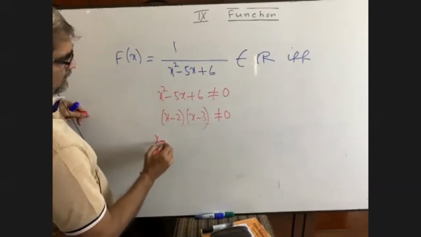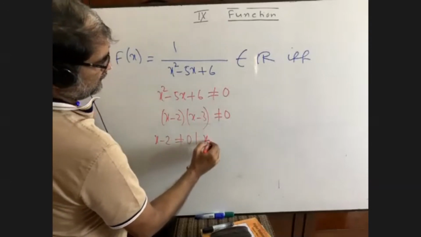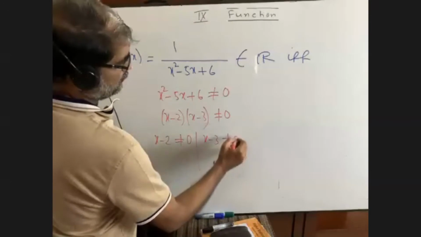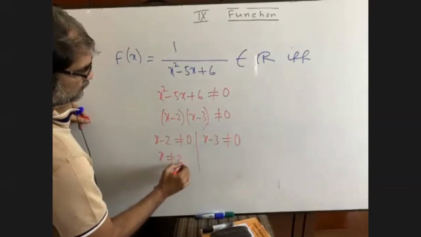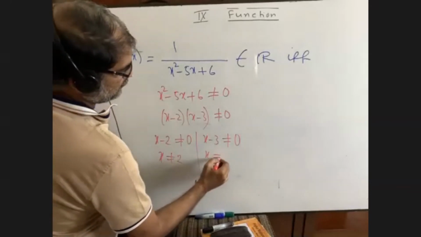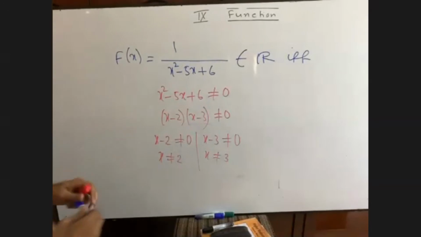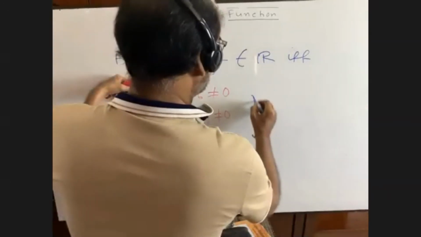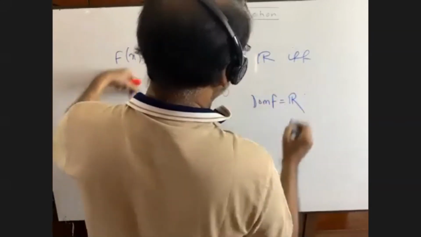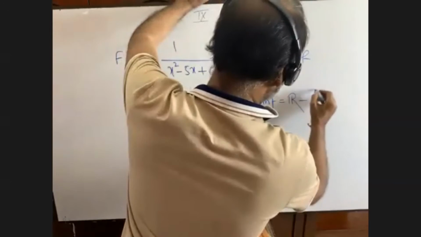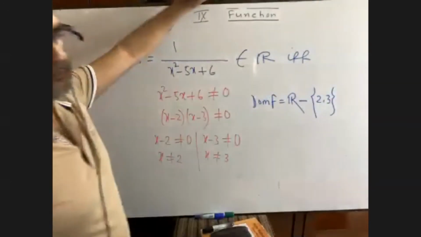That means x minus 2 is not equal to 0 and x minus 3 is not equal to 0. That is, x is not equal to 2 and x is not equal to 3. So we can write here the domain of the function is all real numbers except 2 and 3. Have you got me?